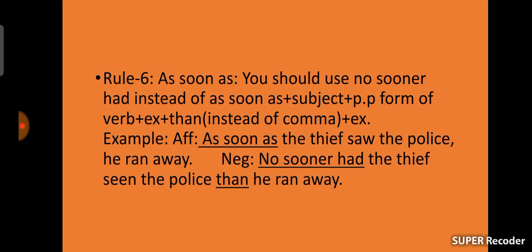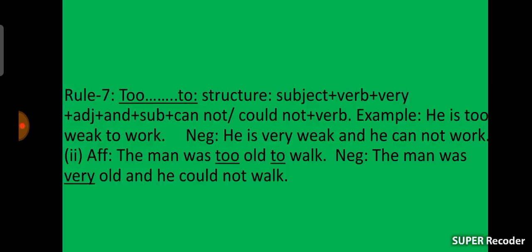Okay, dear students, move on to the next rule. Rule 7, very very important. Too ... to structure: subject plus verb plus too plus adjective plus to plus verb becomes subject plus verb plus very plus adjective plus and plus subject plus cannot or could not plus verb.